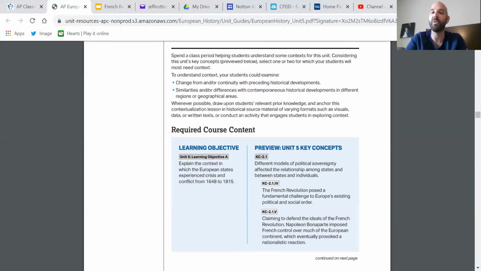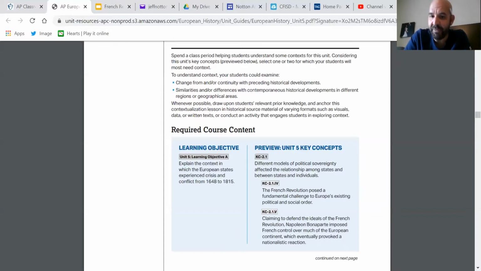So those are all the things you could talk about for context for the French Revolution. Personally, I would talk about the old regime and the economic changes that lead to the creation of the bourgeoisie, and then how the Enlightenment sort of gave them a voice to push for change and things like that.